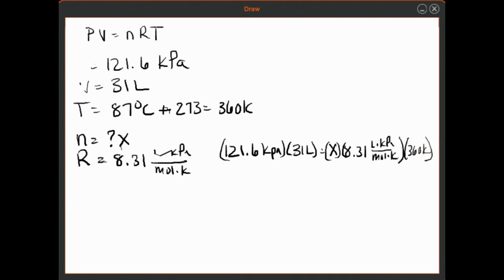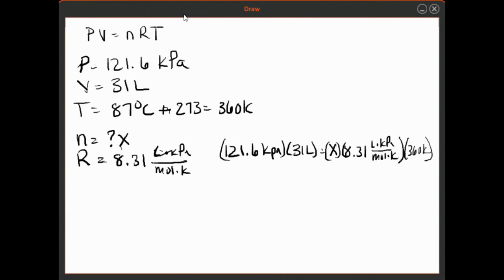Now, before we get too much further, I just want to remind you that we have looked at a type of problem like this before, when we were talking about the molar volume of gas.